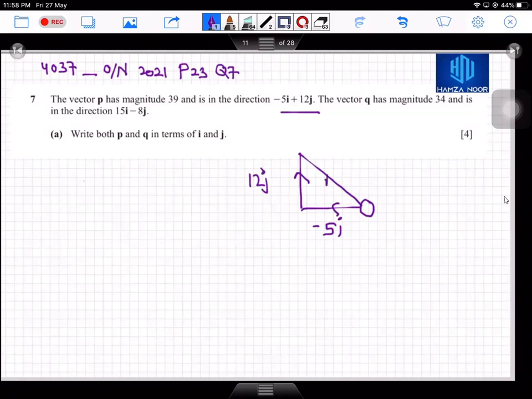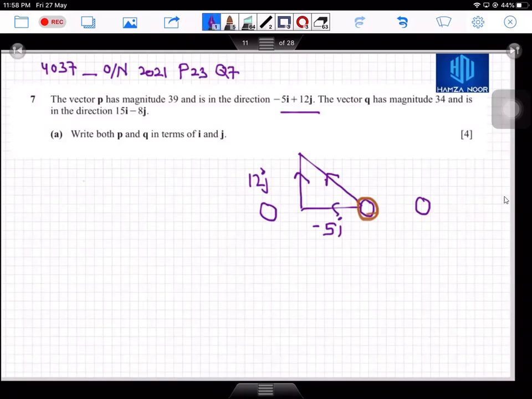And then we have a vector P. Let's say it has the same starting point as the vector minus 5i plus 12j. This illustration is just for your understanding of what's happening here and what conclusion I'm going to take from it. You don't need to make a sketch of this.